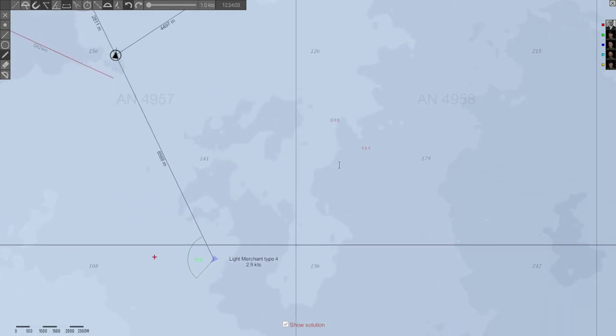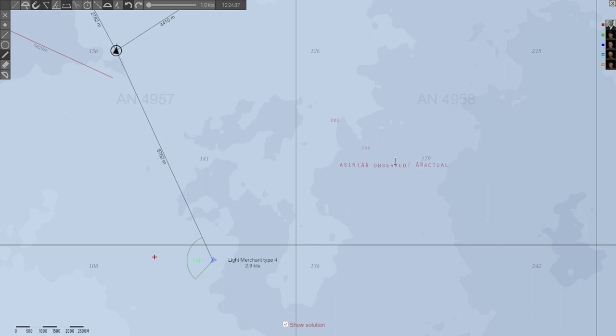So it's the arc sine of aspect ratio observed divided by aspect ratio actual.